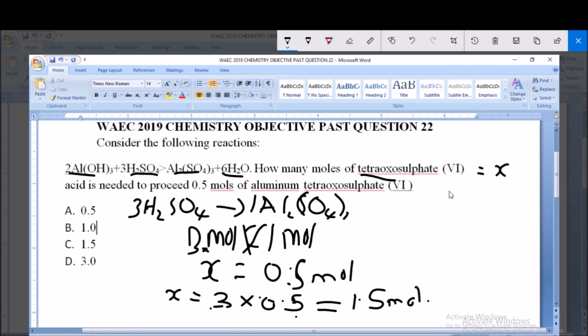So this means that 1.5 moles of tetraoxosulfate VI acid will be required to produce 0.5 mole of aluminium tetraoxosulfate VI. So our answer is C, which is 1.5 mole.